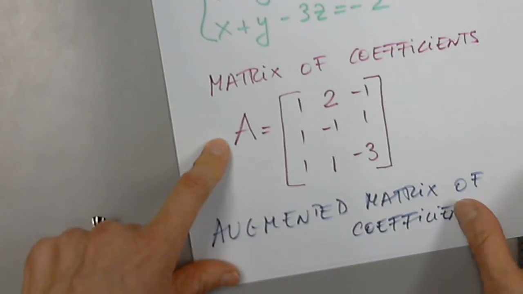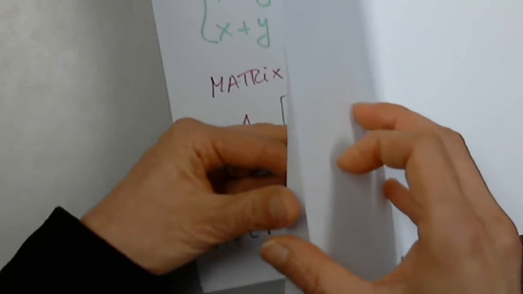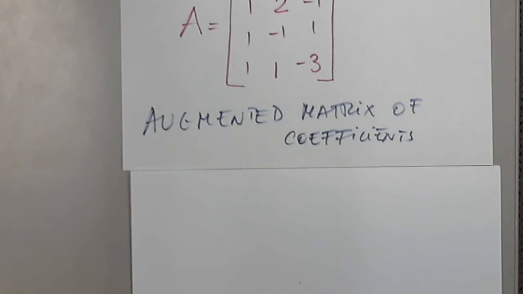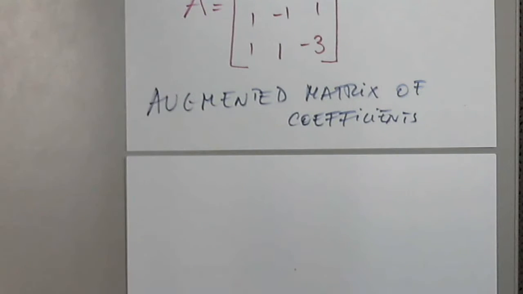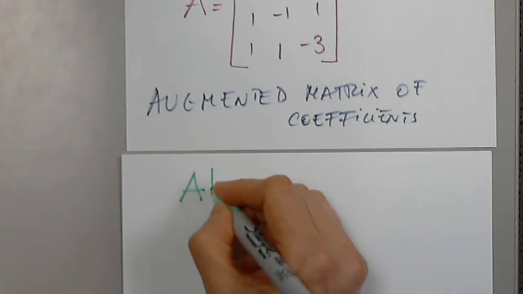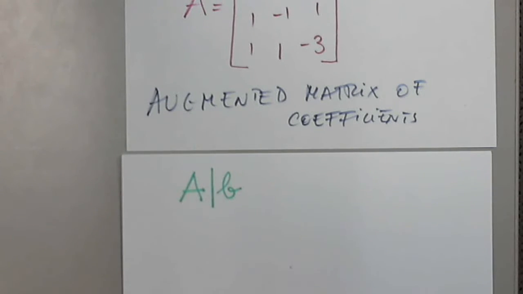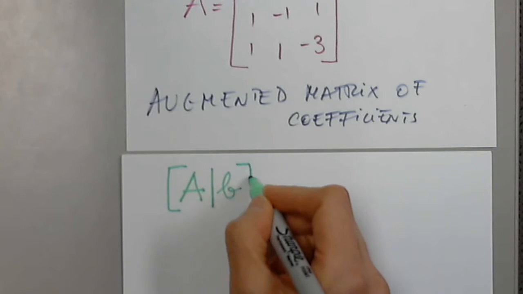Now the augmented matrix. The augmented matrix will look like this. It's still A with a vertical bar, a lowercase b, and everything in brackets.